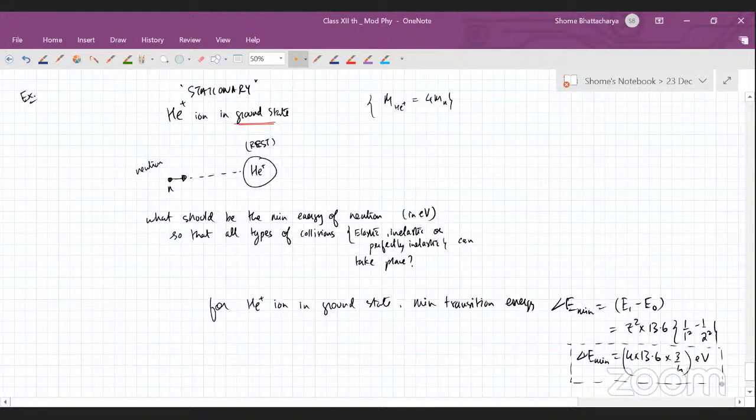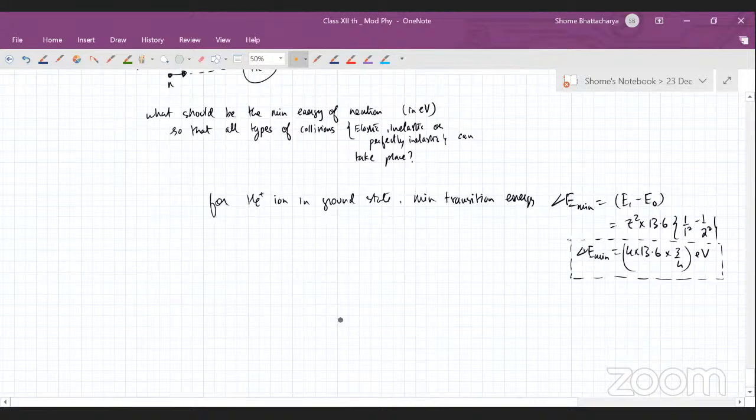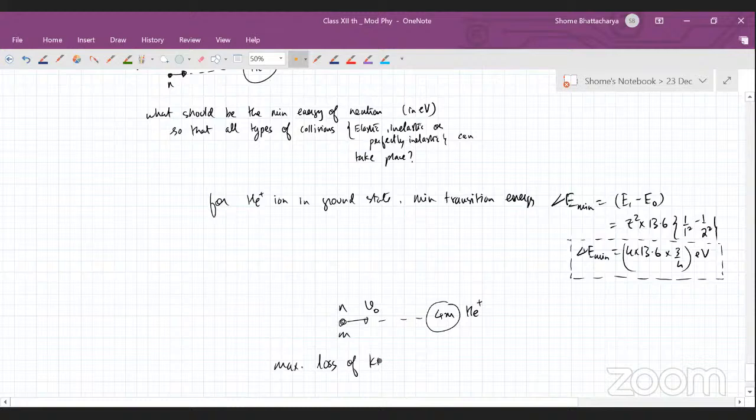Whereas for the incoming neutron, suppose it's coming in at v naught. The maximum loss of kinetic energy will be for perfectly inelastic collision.